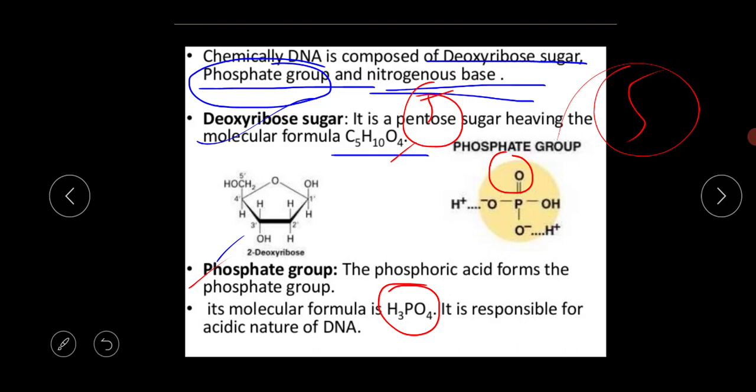So this is the molecular formula H3PO4, and it's responsible for the acidic nature of DNA. All of you know that DNA is acidic in nature. But why? Because of the presence of the phosphate group coming from the phosphoric acid, which is acidic in nature.